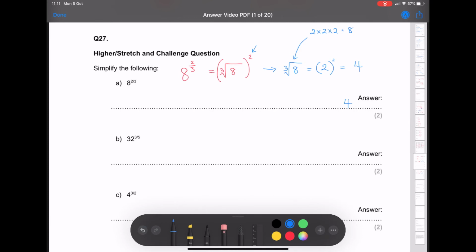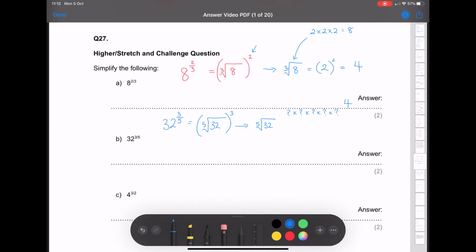For the next one, it's saying you've got 32 to the power of 3/5. Well, this time that means the 5th root of 32, because of the 5 cubed. The 5th root of 32 means, what do I multiply together 5 times to get 32?